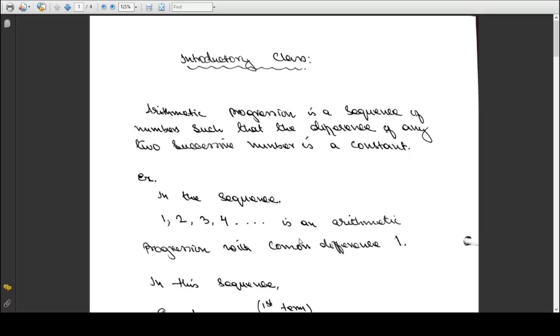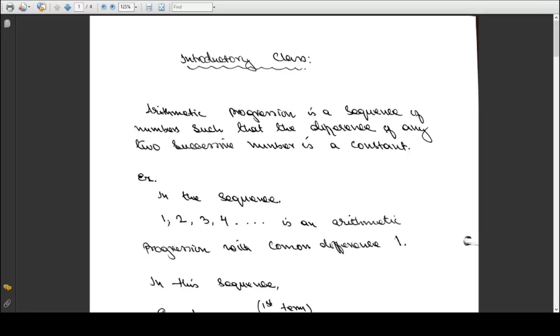What is arithmetic progression? Arithmetic progression is a sequence of numbers such that the difference of any two successive numbers is a constant.